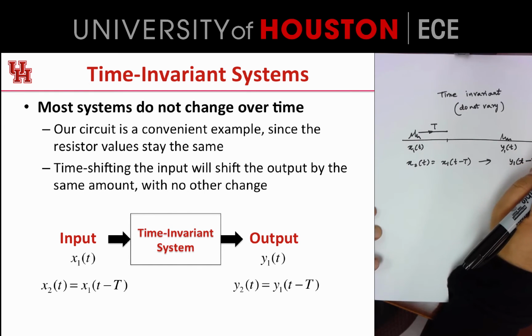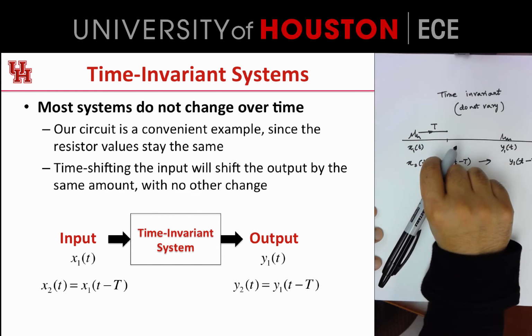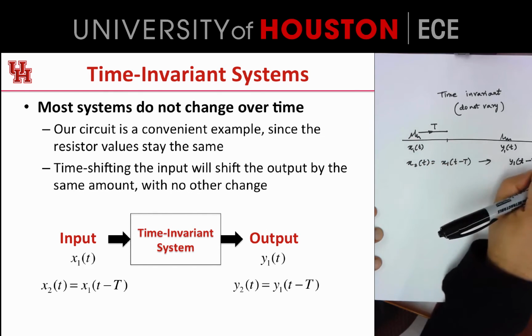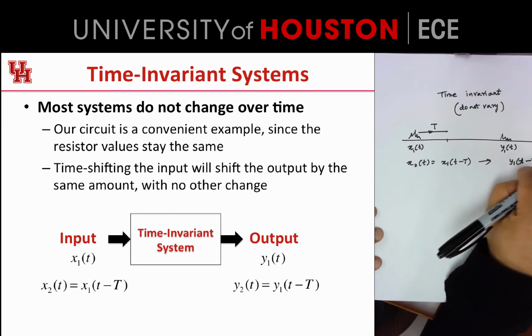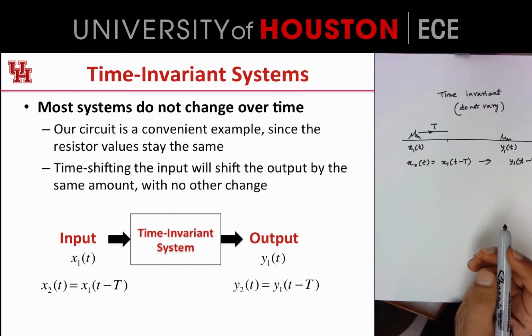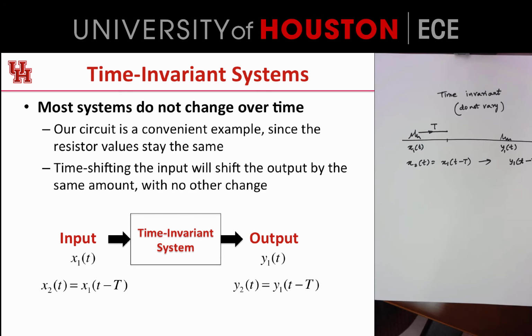Such a system in which time shifting the input will shift the output by the same amount and inflict no other change is said to be a time invariant system. Now, time invariant systems are quite common because, like I said, we build things and they stay fixed for their service lifetime.